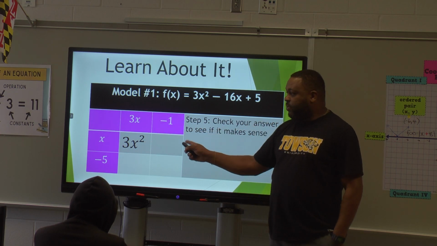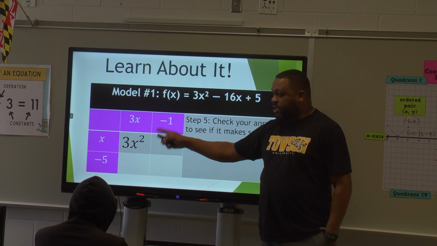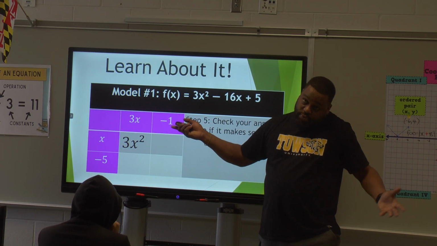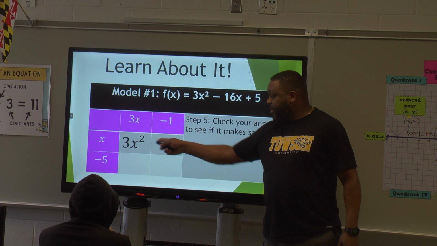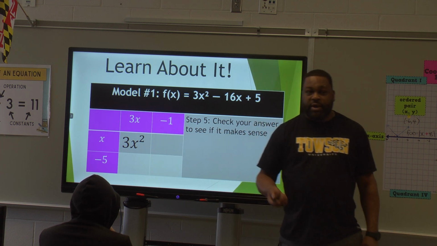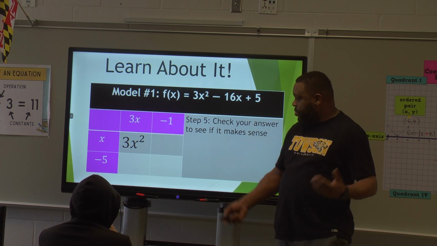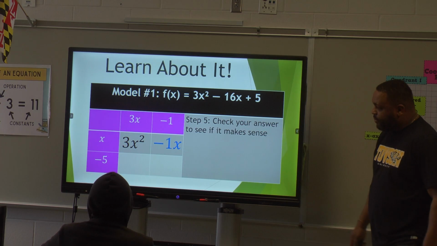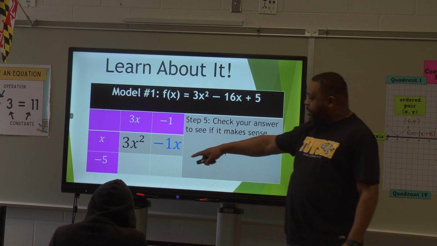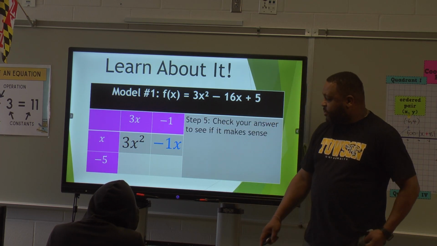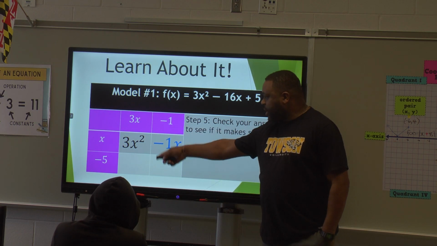My answer is going to be a what? Negative. So 1 times 1 is what? 1. But then I'm also going to bring in how many variables? 1. So I'm looking at negative 1x, correct.